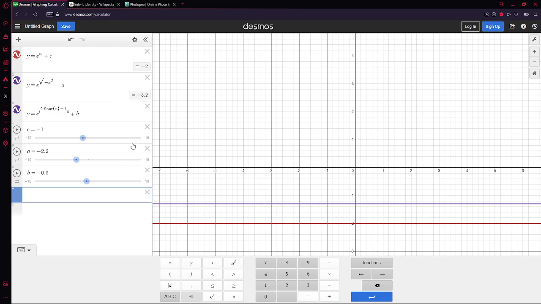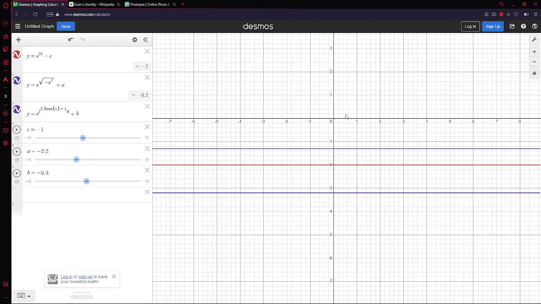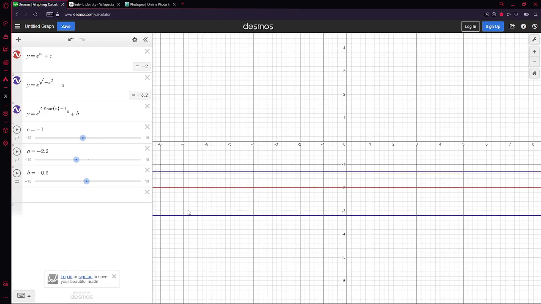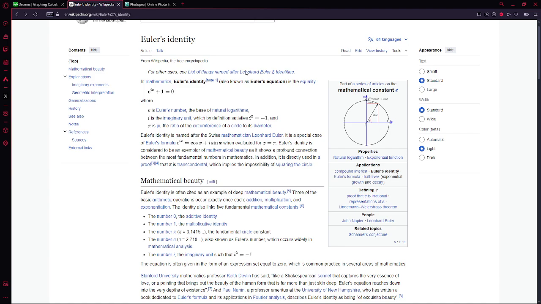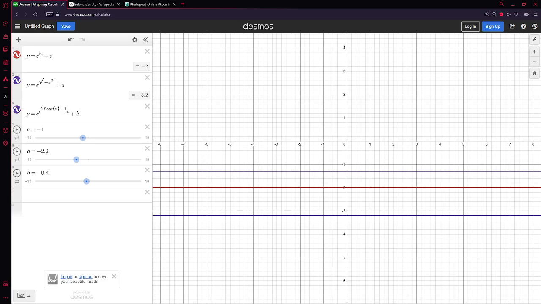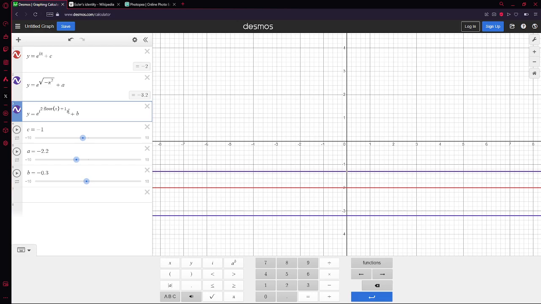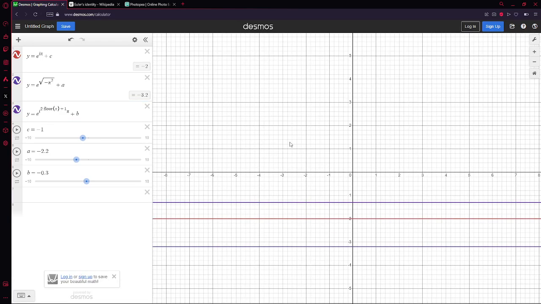But it's pretty cool, you know? I feel like you could really start to break down Euler's identity on paper, finally get a pretty solid link between pi and e, if you don't already find it.